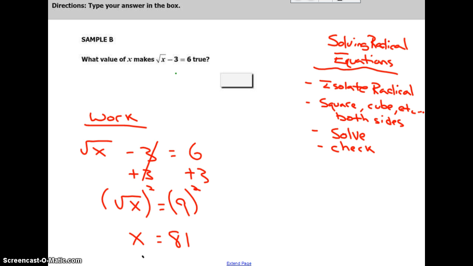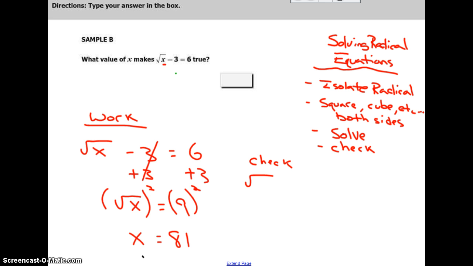Okay. Before you put your answer into that box, though, you want to make sure that you check your work. Okay, and this process will also help us on future problems. So if x equals 81, then we're going to need to go back to the original problem and replace that x with 81. Okay, so when you check it, rewrite the original problem.